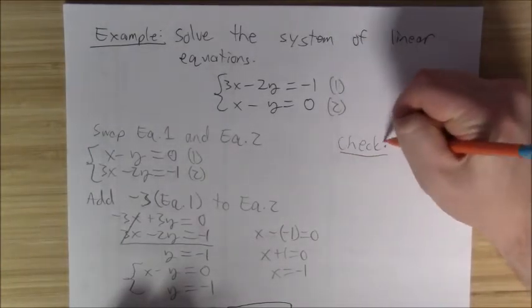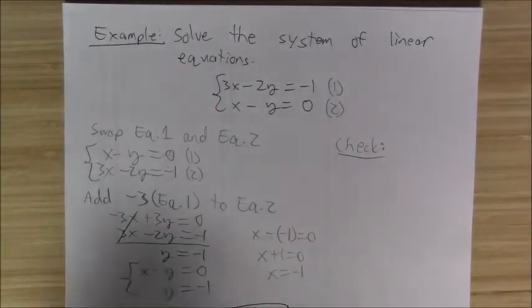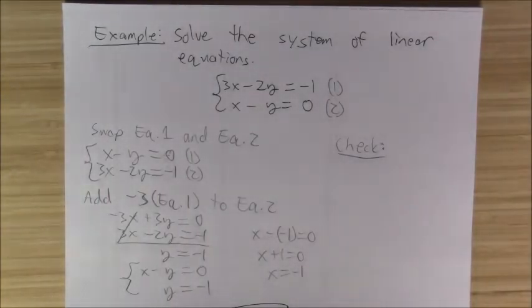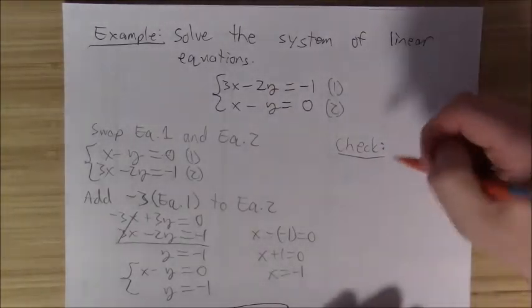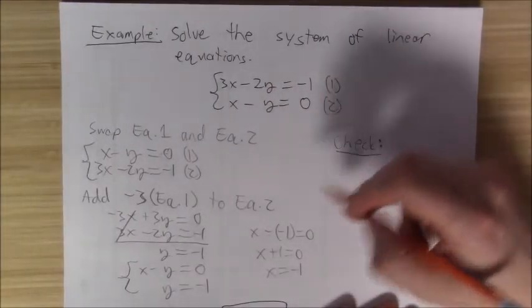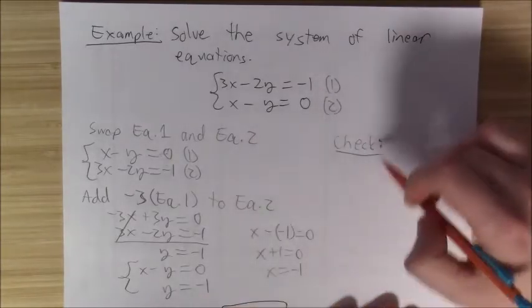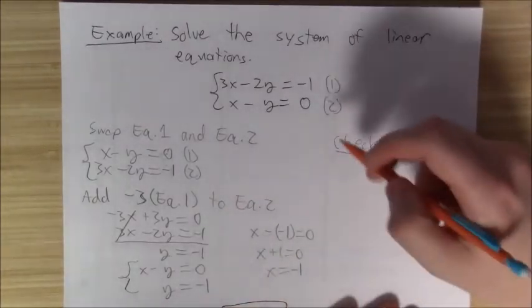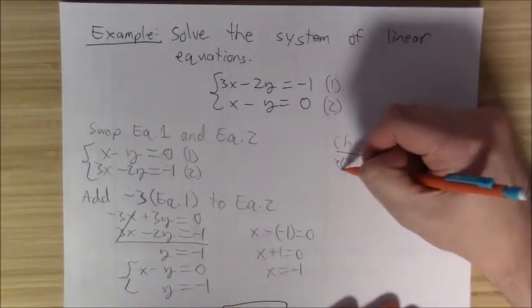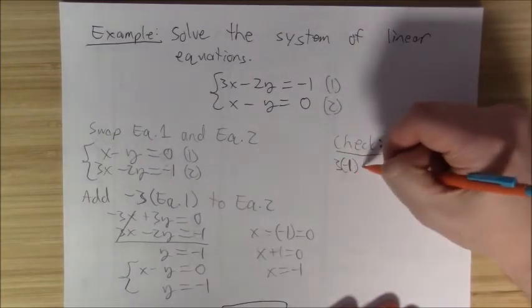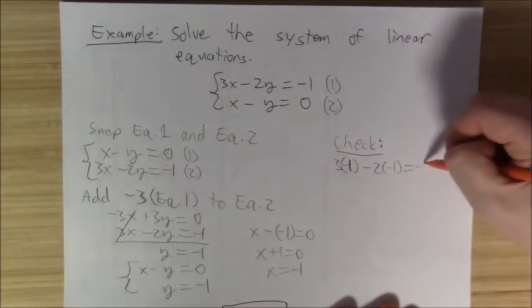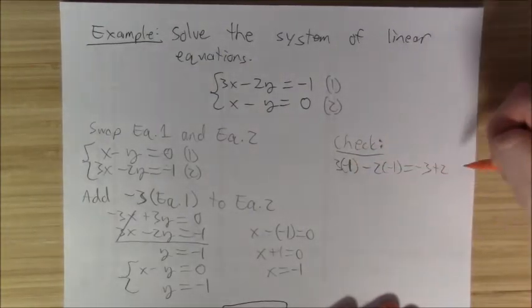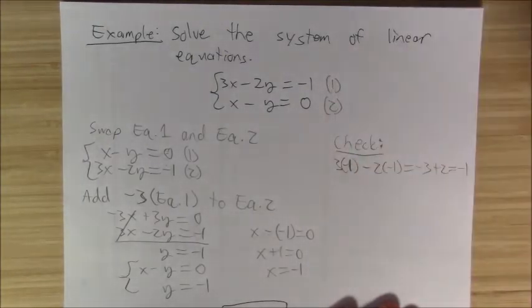Let's go ahead and check that one last time. In the future, I may not use time to check, but you should always check your solutions just to be sure. I'm just trying to save time for you by not doing so. So let's check. We have 3 times -1 minus 2 times -1, which is -3 plus 2, which gives me -1, so that one works.